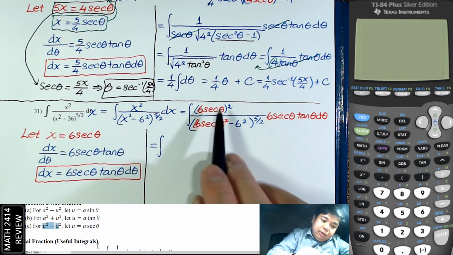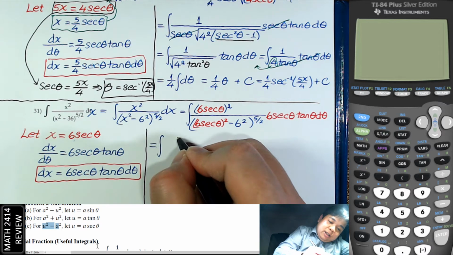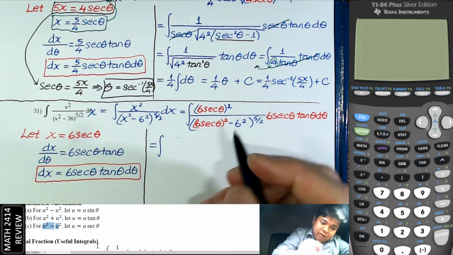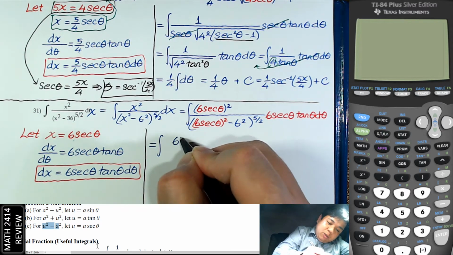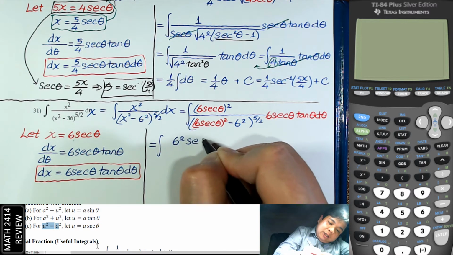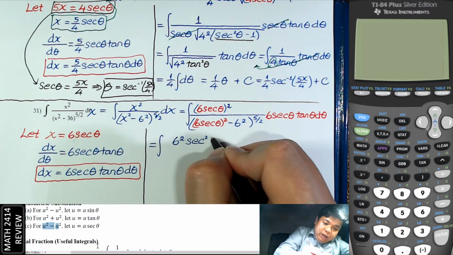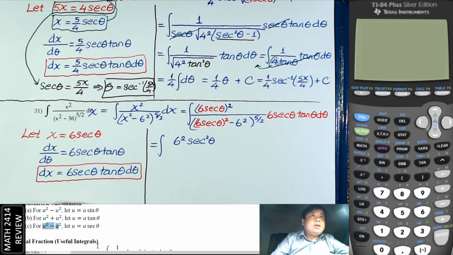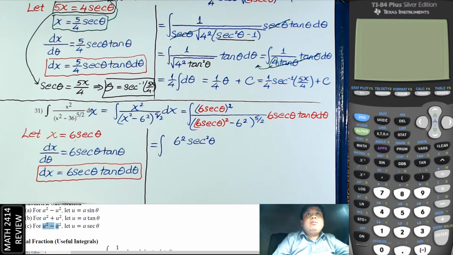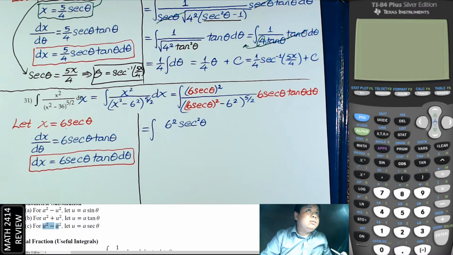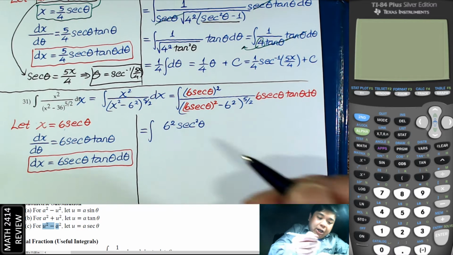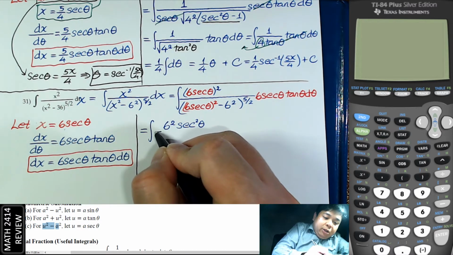Now that would be 36, or if we just keep the power, 6 squared secant squared. I have to pause the video to replace the ink.